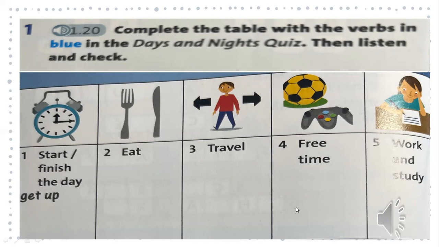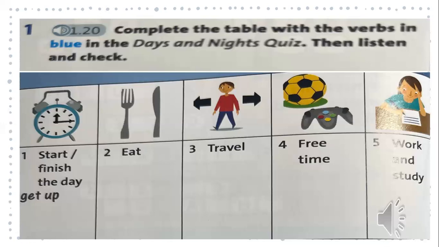Unit 2, Vocabulary, Exercise 1. 1. Brush your teeth. Wash your face. Go to bed. Sleep. 2. Have breakfast. Have lunch. Have dinner. 3. Go to school. Get home. 4.